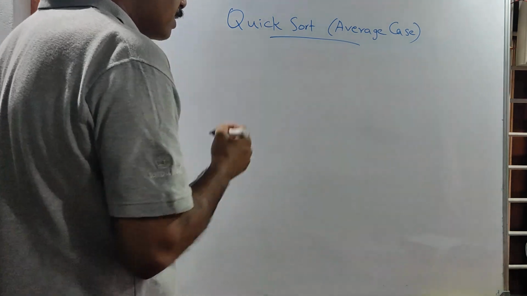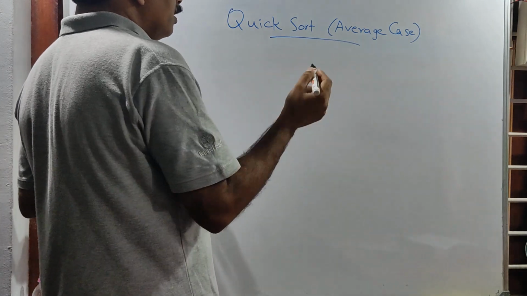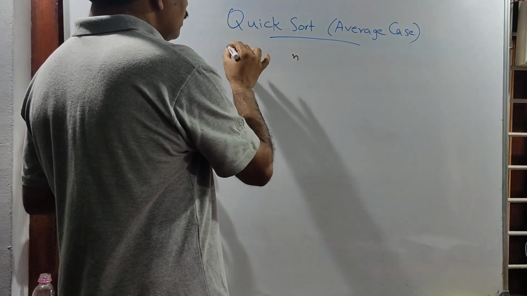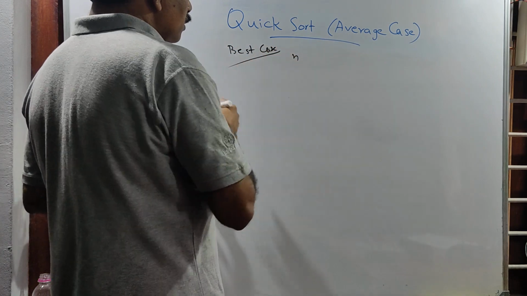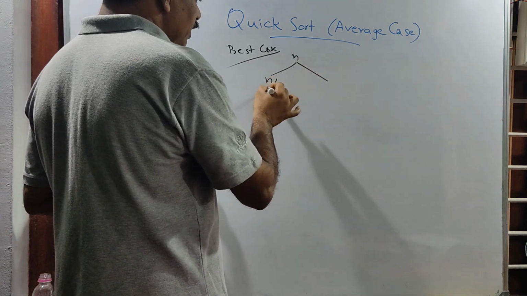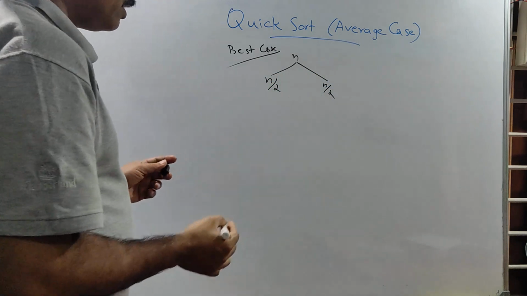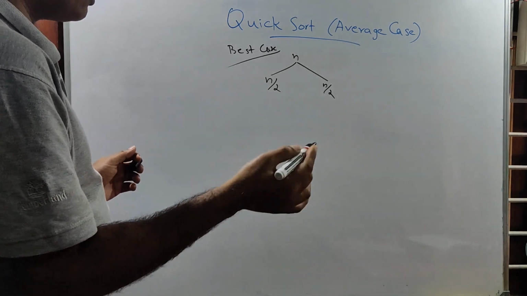In the best case analysis, we pick the pivot element such that it divides the array into exactly two halves: n by 2 elements on the left of the pivot element and n by 2 elements on the right.